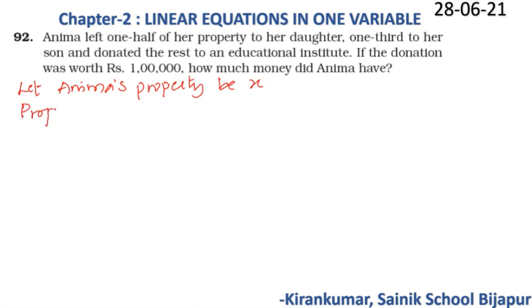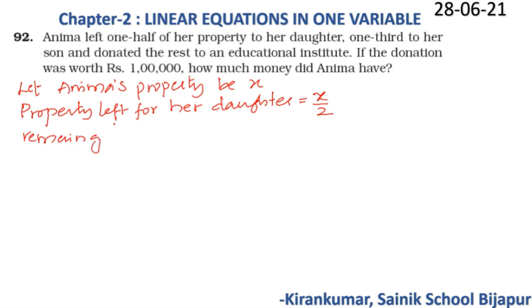Property left for her daughter will be x by 2. Now the remaining property will be x minus x by 2. This is 1, this is half. 1 minus half is half.